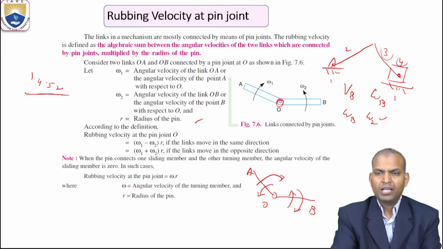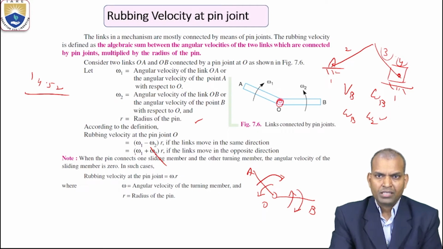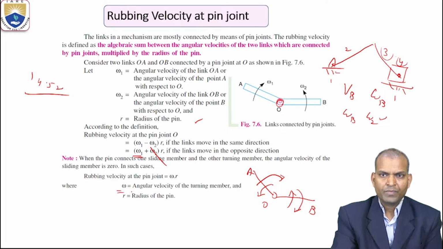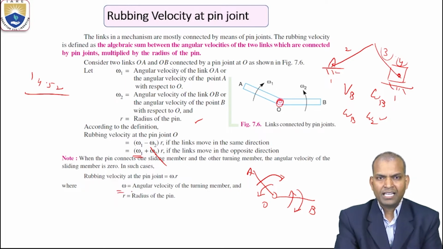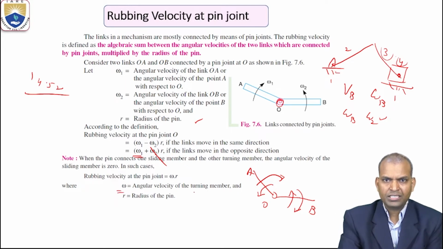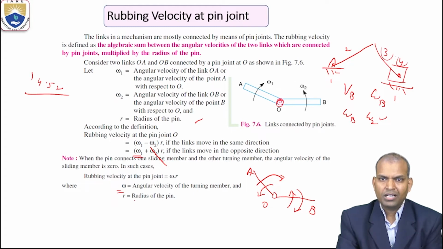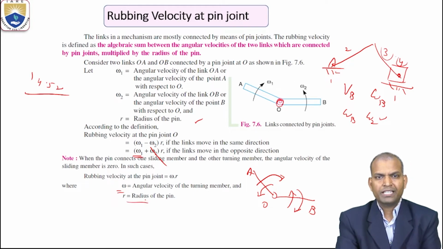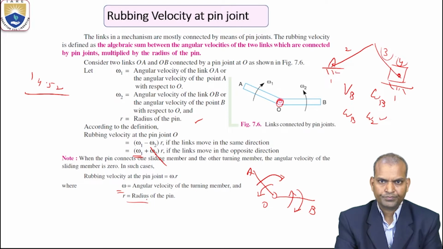When it is under reciprocation, the angular velocity for that link is 0. Now substitute in any one of the formulas, making omega 2 equal to 0. Then it becomes omega 1 times r, where omega 1 is for the link under rotation. That is omega times r, where omega is the angular velocity of the turning member and r equals the radius of the pin.